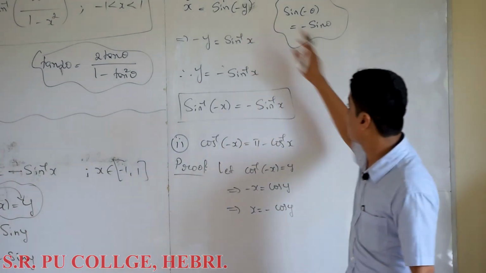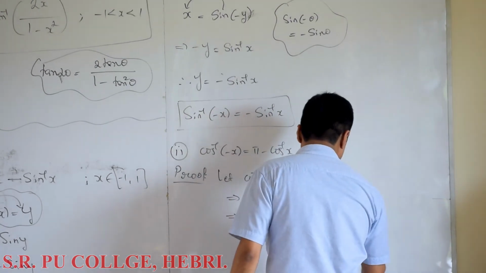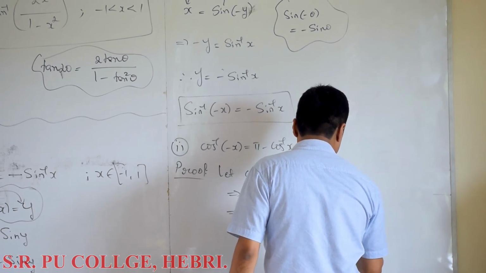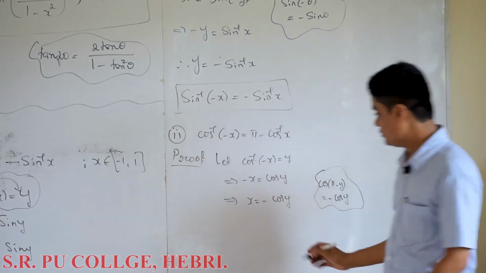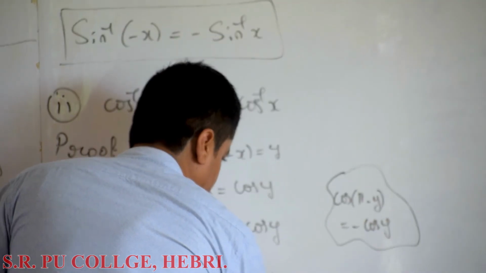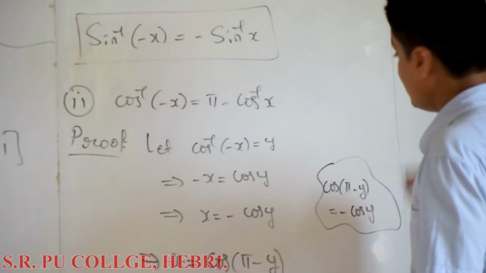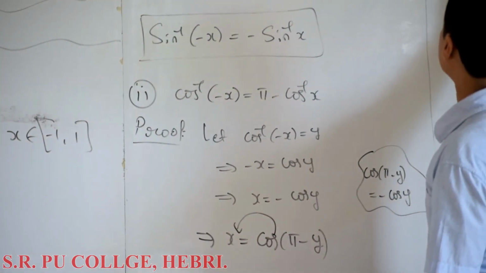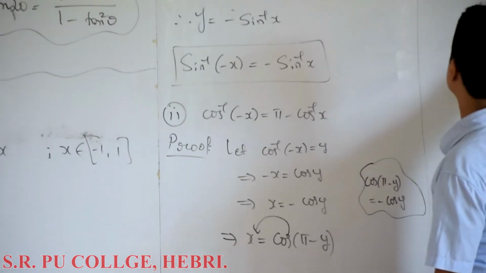You can't take it like this, because cos of minus theta is not minus cos theta. So you should use one more property of trigonometry, that is cos of pi minus y is equal to minus cos y, because it is in the second quadrant. So I am going to write x is equal to cos of pi minus y. Now take this cos to this side. So pi minus y is equal to cos inverse of x.